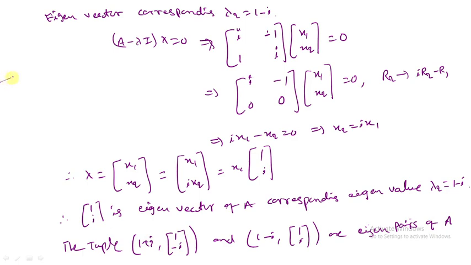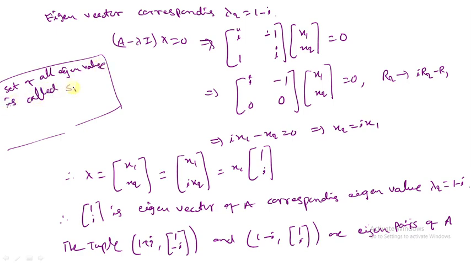And one more thing, the set of eigenvalues is called the spectrum. The set of all eigenvalues is called the spectrum, and it is denoted by sigma A or rho A. This is the notation.